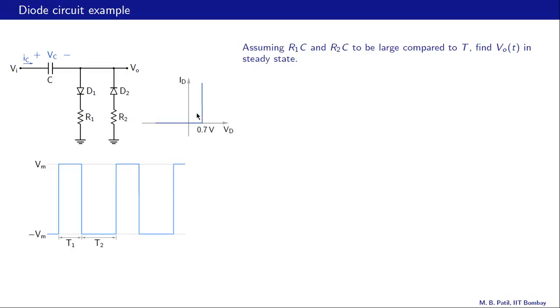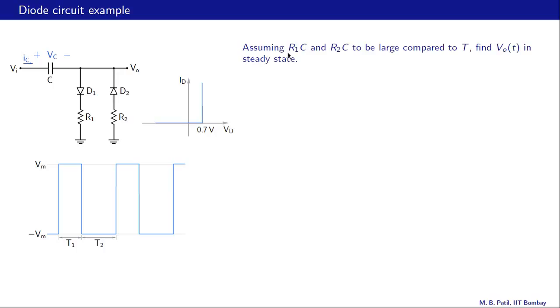So when the diode conducts, it has a voltage drop of 0.7 volts, and for any voltage less than 0.7 volts, it does not conduct. The current is 0. Here is the problem statement. Assuming R1C and R2C to be large compared to T, find VO of t in steady state. VO is the output voltage here.